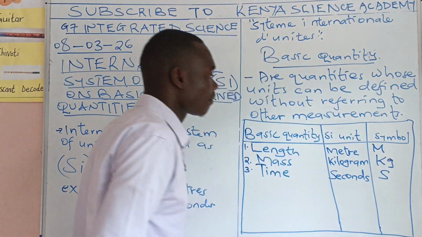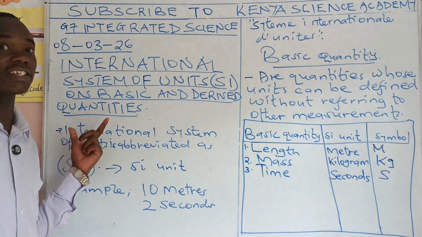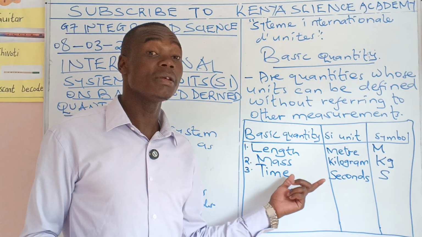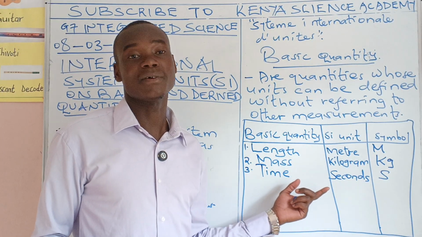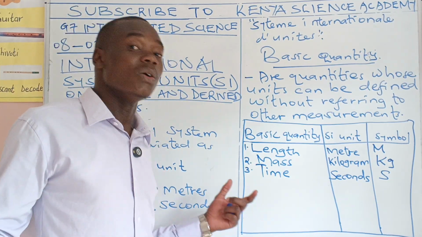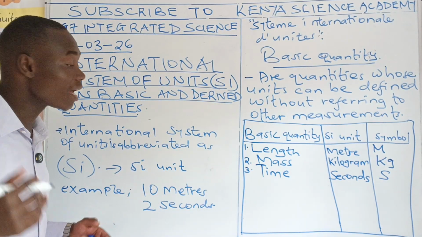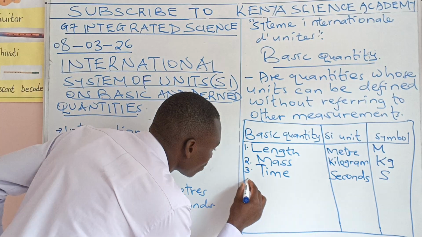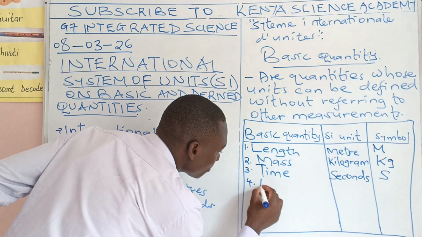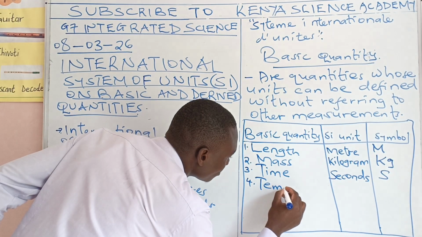It was the conference of the French scientists, remember, who said time should be measured in seconds. Therefore, as scientists, we need to stick to that. We know that seconds are part of measurements of time. From there, we move to temperature, which I mentioned.